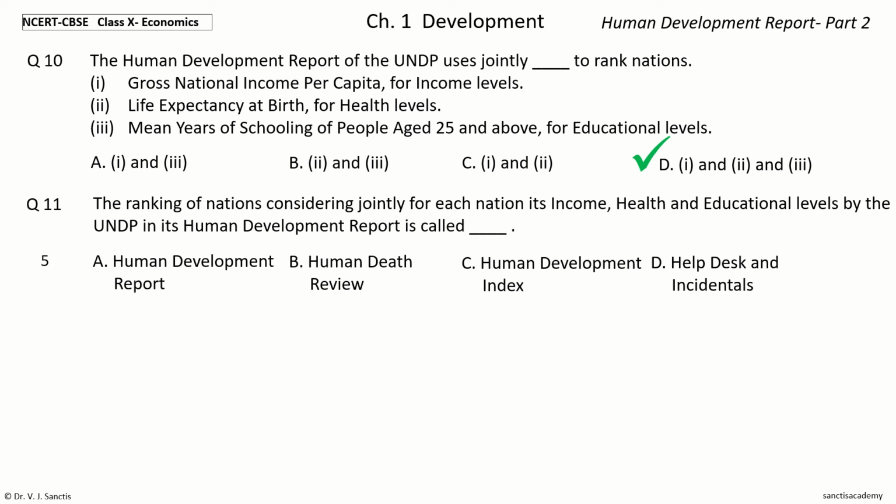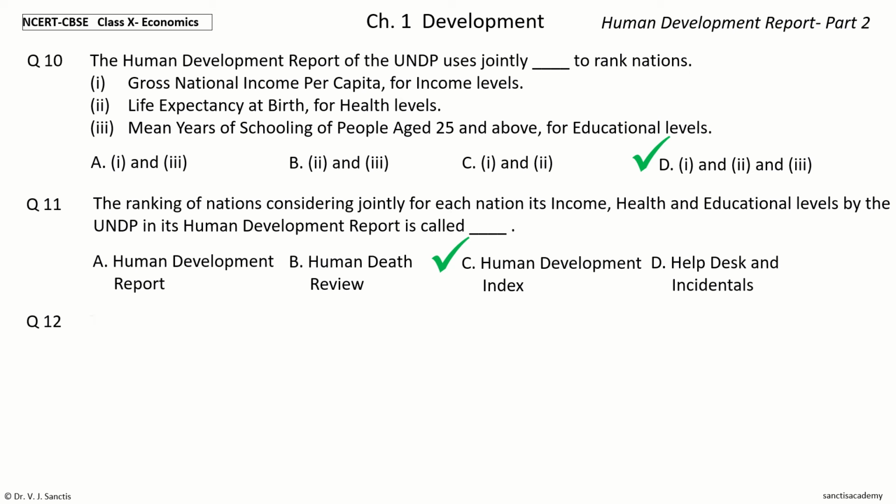Your time to choose. And the answer is Human Development Index. So, the ranking of nations, considering jointly for each nation its income, health and educational levels by the UNDP in its Human Development Report, is called Human Development Index.